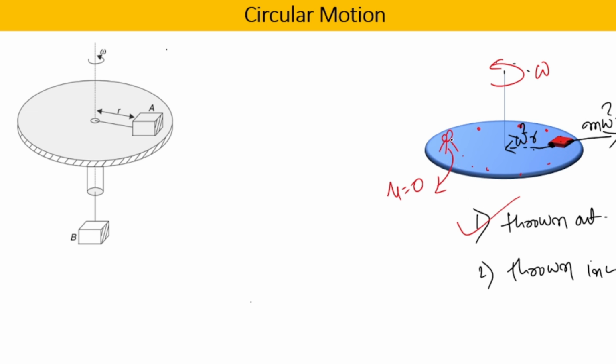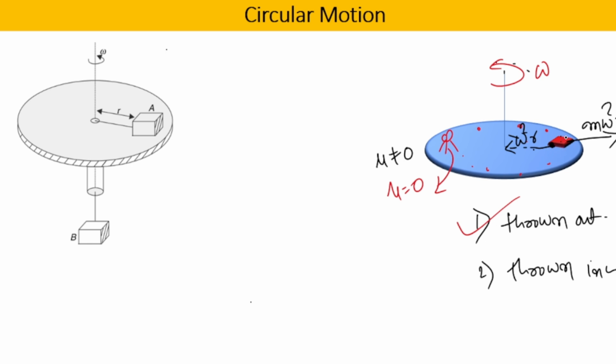So you are sitting on a platform. This surface is smooth, okay? So if this surface is smooth, you will see that there is only one force acting on this block, and that is outward, and so you will feel like you are getting thrown outward. But what if there is friction? In that case, as m omega square r will act, the moment omega will not remain zero, friction will start operating.